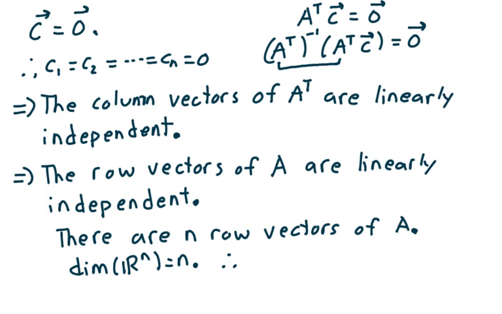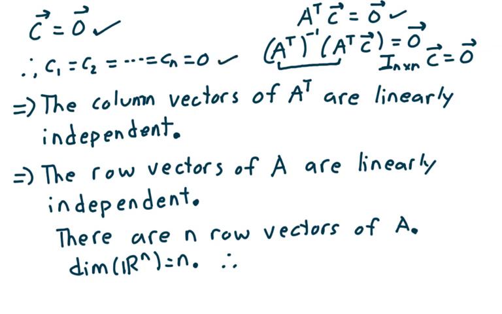Do you agree? So this is essentially the identity matrix times C equals 0, and so C has no choice but to be the zero vector. But the equivalence theorem immediately gives me that, okay? That the only solution to this matrix equation is the trivial solution. And that is equivalent to saying that c1, c2 through cn are all 0.